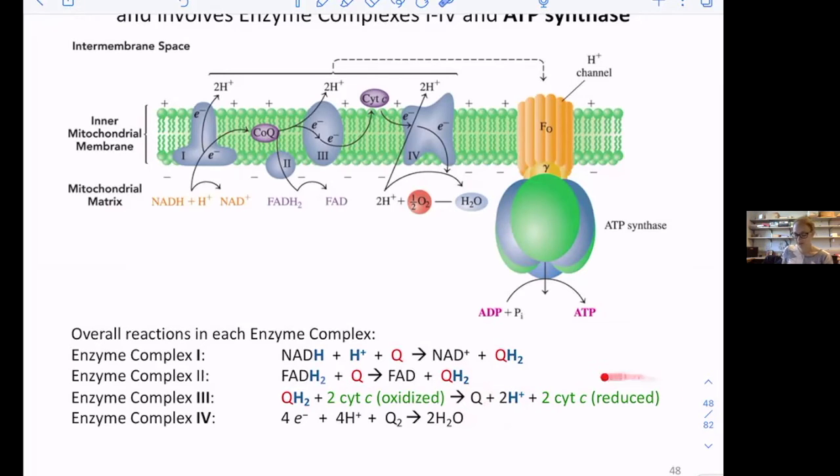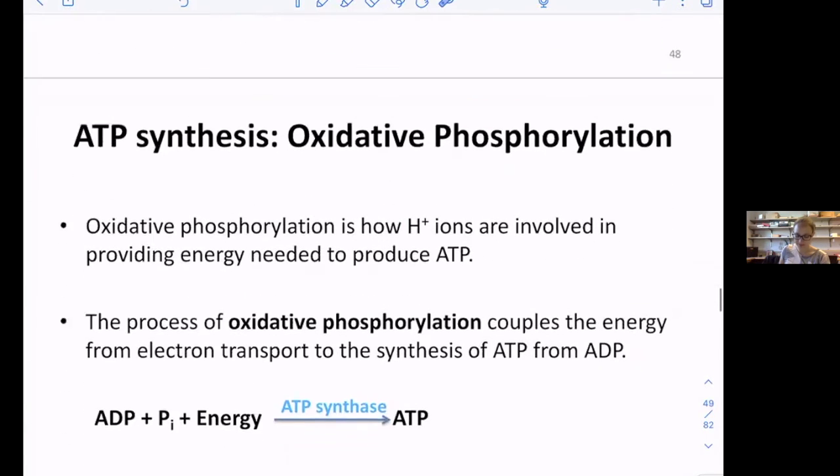We're not going to worry about the cytochrome Cs. And then the last one is enzyme complex 4. It takes 4 electrons and 4 protons and 2 of those reduced cytochrome Cs, and it forms water back down here. That's what those reactions are.